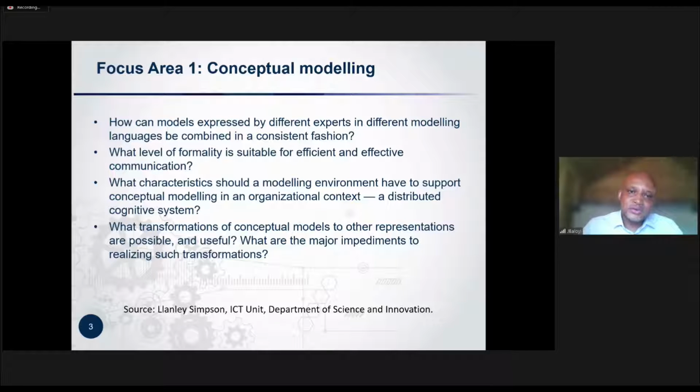So the first question is, how can models expressed by different experts, in different modeling languages, be combined in a consistent fashion? Basically, you're combining them to solve something more like a grand problem, like, for example, the pandemic we're facing now. As you have seen, it affects economic health and the physical space that we occupy; we are told you must be confined in your homes, you can't go here, you can't go there, you must reduce the numbers.